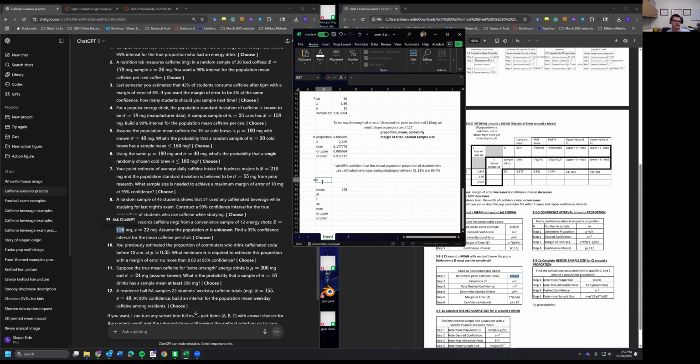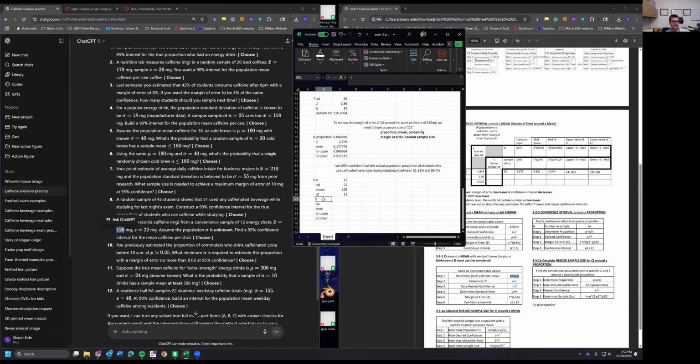I want the sample size and I want the standard deviation. So the sample size is 12, because it says 12 energy shots. Standard deviation is 22 milligrams. So the degrees of freedom is the sample size minus 1. Degrees of freedom is the amount of flexibility that you have with your data.